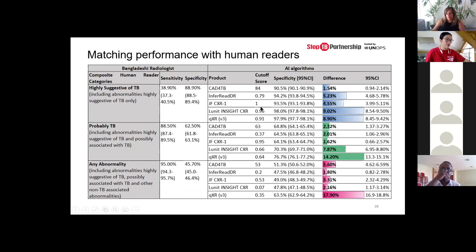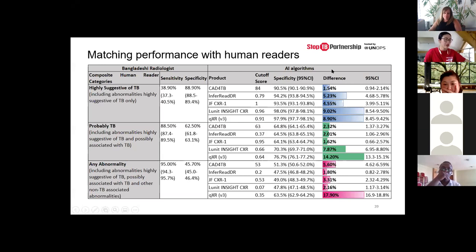And we show in this table the cutoff score that can achieve the sensitivity, and we're showing the specificity of the AI algorithm at the respective sensitivity. So this is one criterion a program can use to select a cutoff.